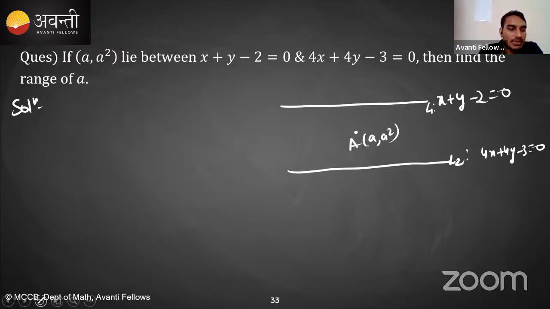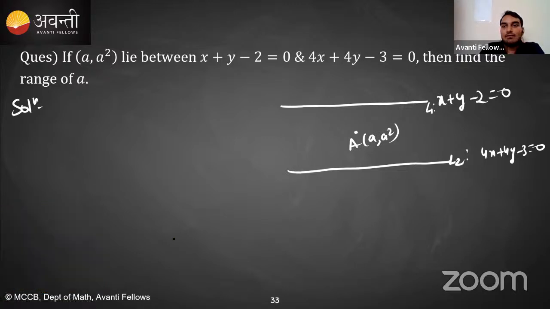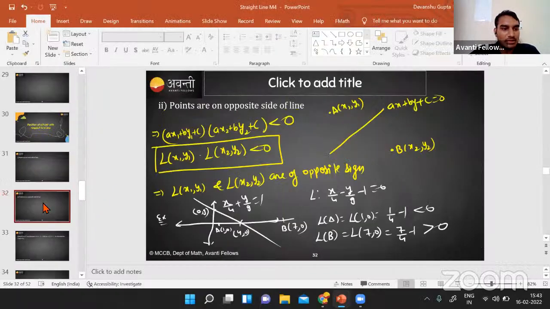Okay. So students, if I ask you that with respect to your L1, the A point is lying below the line, and with respect to L2, your A point is lying above the line. Yes or no? Before that, there is one thing that I can tell you, otherwise you will get confused. It is not a big deal.